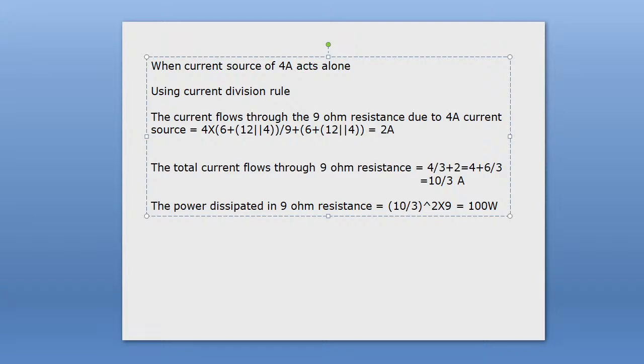I mean, which one will take less time to solve the given problem? You consider that theorem or those laws. Okay? There is no hard and fast rule that you must use the superposition theorem or Kirchhoff voltage law, current law.